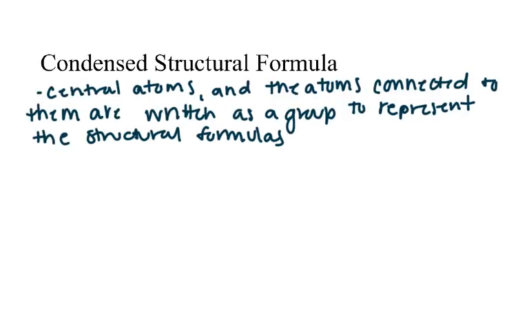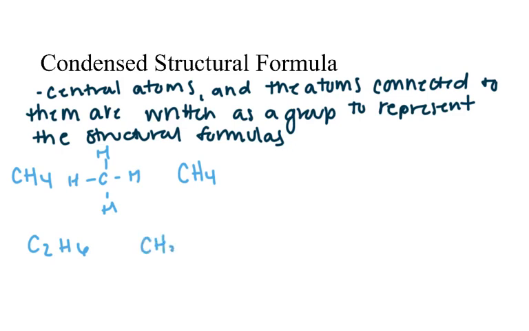Okay, so our condensed structural formulas. So we started with methane, right? Let's change the pen color. CH4 was methane. We drew it out, our structural, with a carbon and our 4 hydrogens, right? Our condensed structure is going to be just CH4, right? And then we're going to look at C2H6. We would write CH3CH3, because that's how our structural formula was drawn, right?